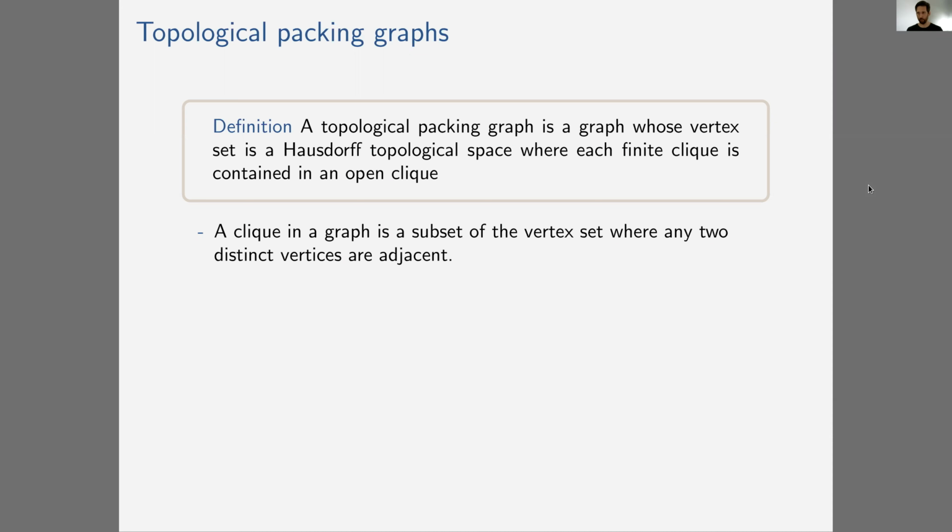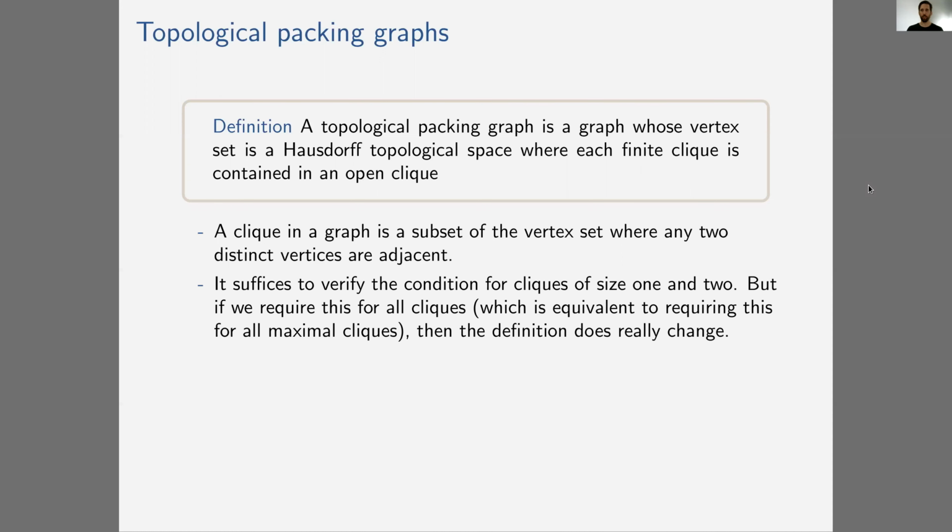So we want every clique to be contained in an open clique, and an open clique is a subset of the vertex set that is, on the one hand, a clique, and on the other hand, an open set in the topology of the vertex set.